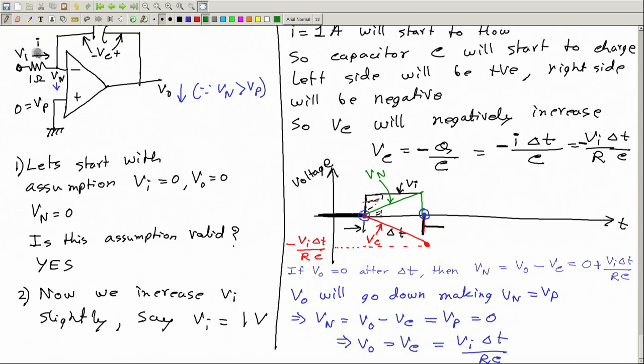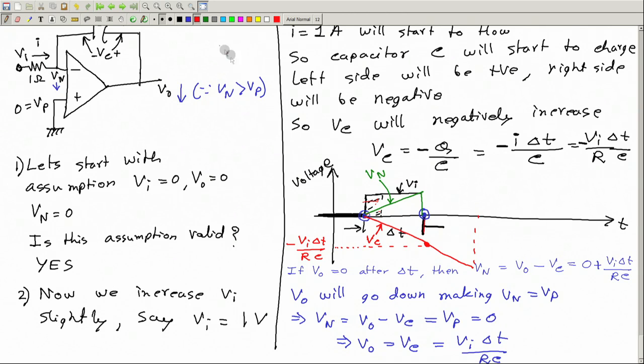Now you just follow. So this current will be again 1 ampere because this is again 0. So same current is coming. This will charge this capacitor further. So more current is coming, and then this capacitor will get charged further. After some more time, if this capacitor is getting charged, if you think VO is not changing, then Vn will go up.